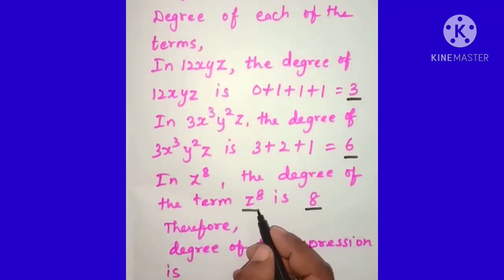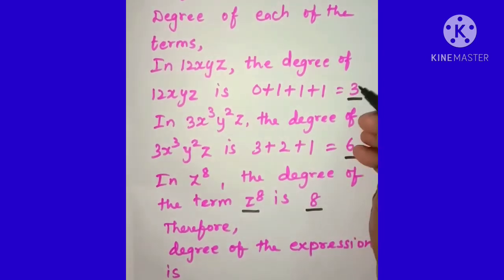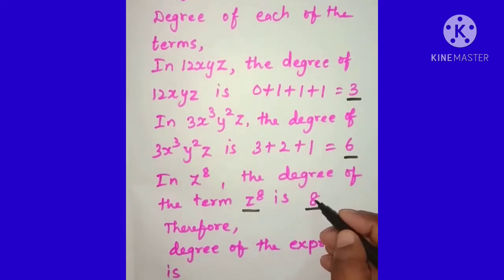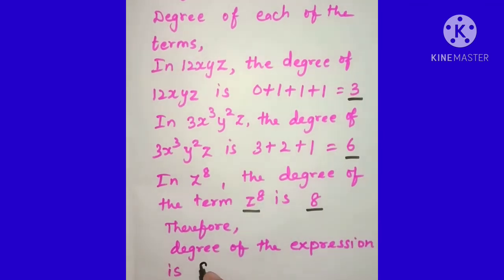So we can say that the degree of the expression is 8, because we are taking the higher power of the variable in an expression, which is called the degree of the expression. So 8 is the highest degree and it is considered as the degree of the expression.